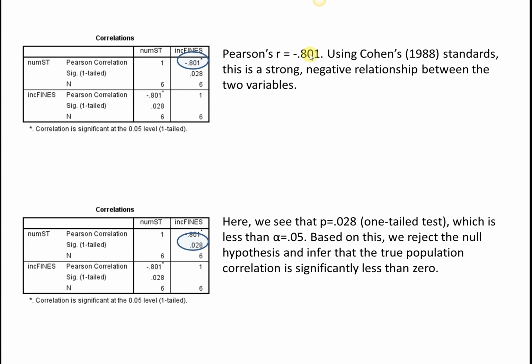Pearson's R is negative 0.801. So using Cohen standards, again, this would be a strong negative relationship between the two variables. The p-value for the one-tailed test is 0.028 and is clearly less than alpha set at 0.05. So in this case, we would reject the null hypothesis and infer that the true population correlation is significantly less than 0.